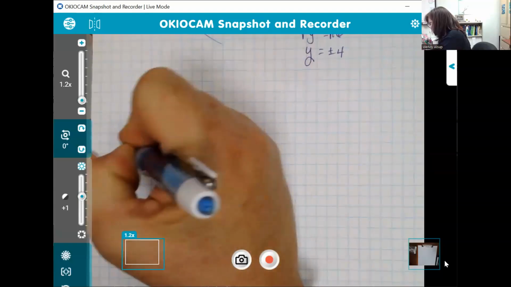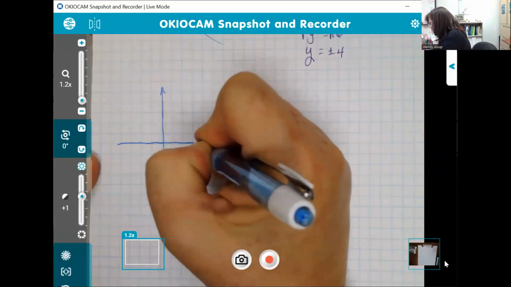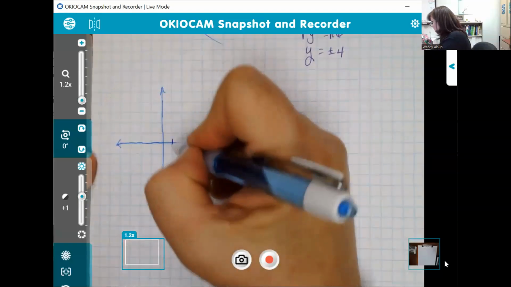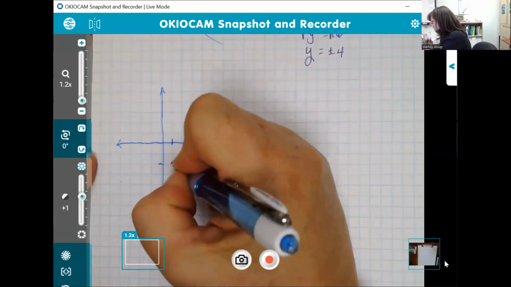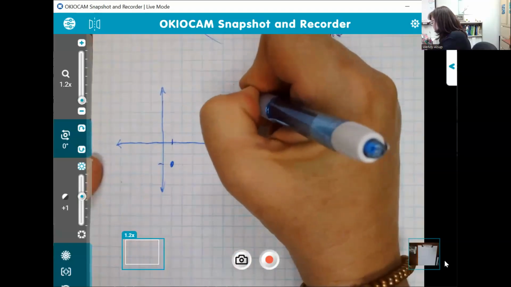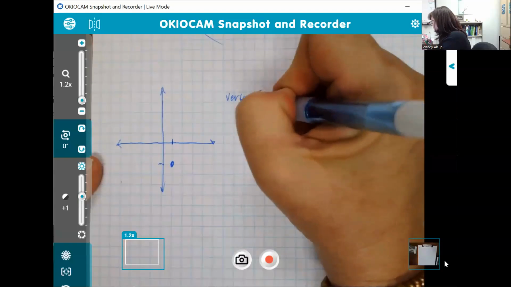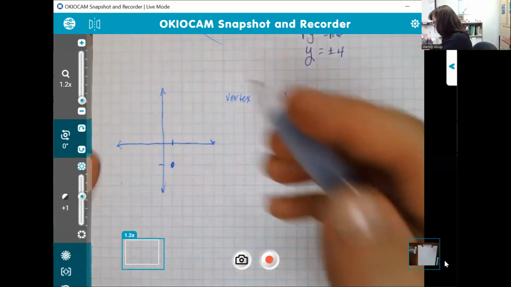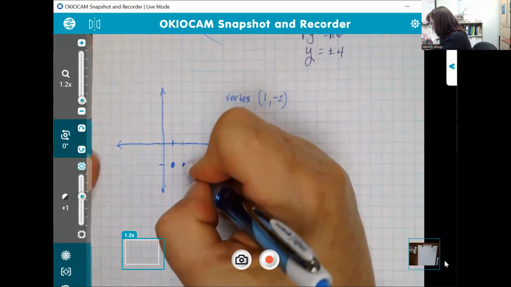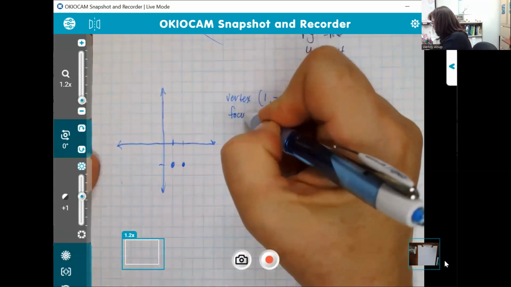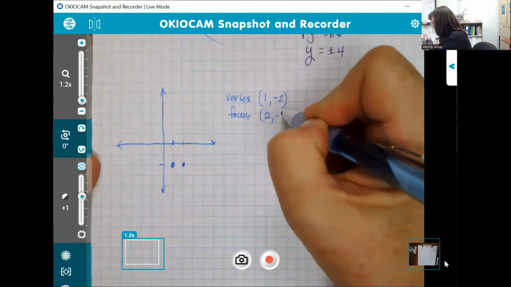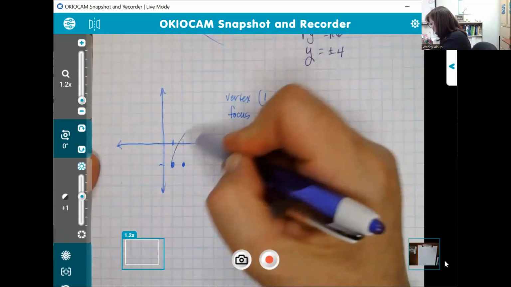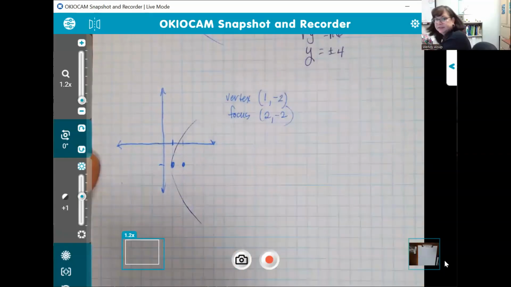I was told that I had a vertex at x is 1, y was -2. And my focus was at (2, -2). So mine is going to be opening to the right again. Something like that.